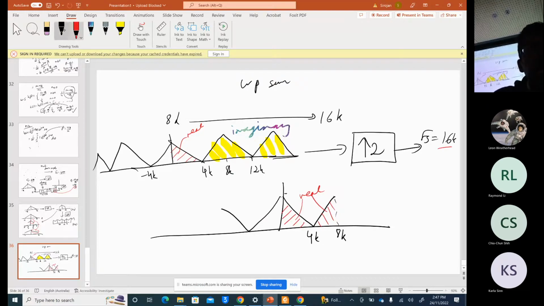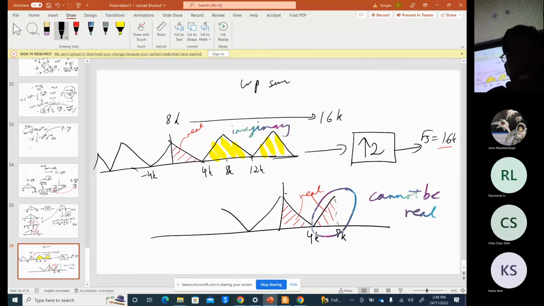But we already know that this part cannot be real. Why? Because it is not in the original signal, so we can't have any additional signal. That needs to be removed, and that is why we have a low pass filter.